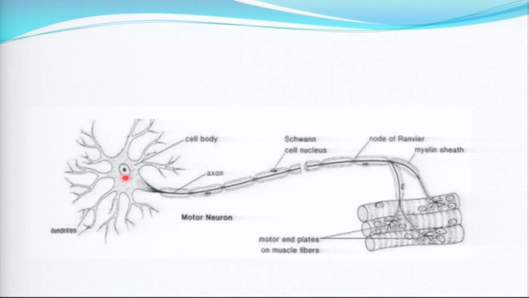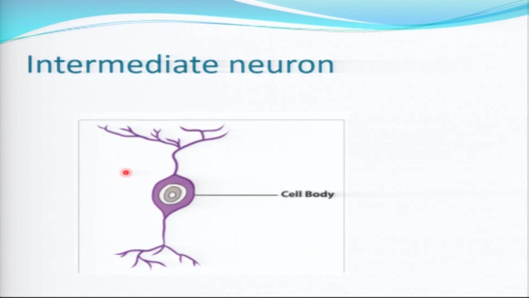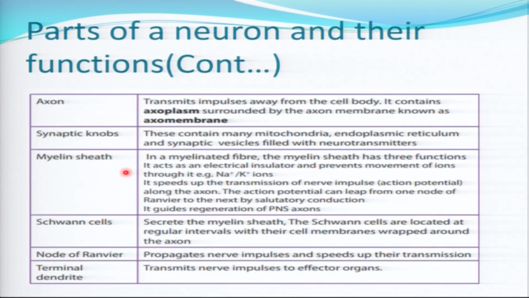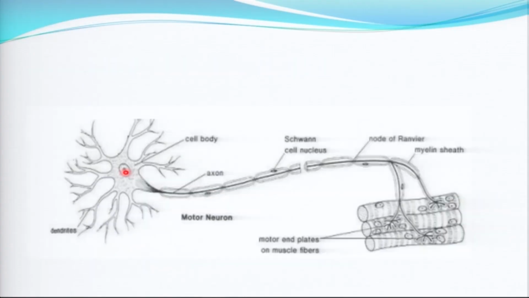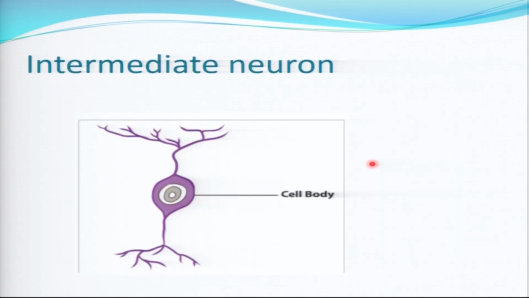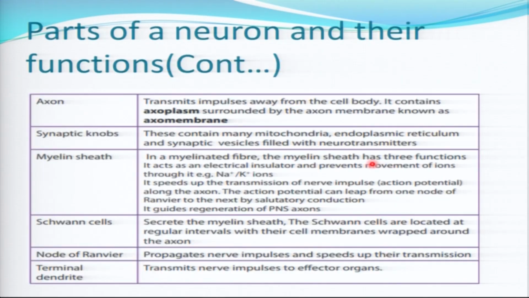You can ask, where is cell body? It is this side, cell body. And then, the second part is what you call axon. Axon, you can see on the diagram, this is axon. So what's the role of this axon? Axon transmits the impulse away from the cell body, so that it can reach the brain.